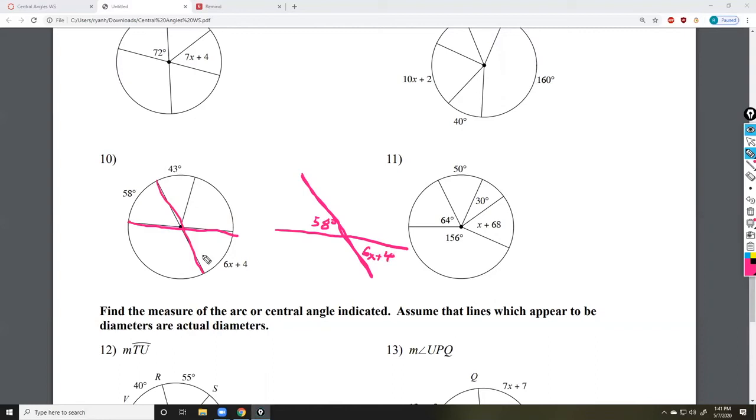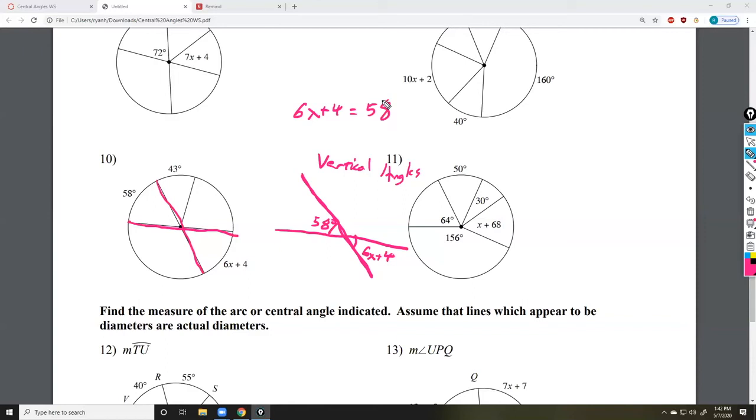And because these are both straight lines, these two angles are just vertical angles. And vertical angles are congruent. And so I can just say that the 6x plus 4 and the 58 are the same.